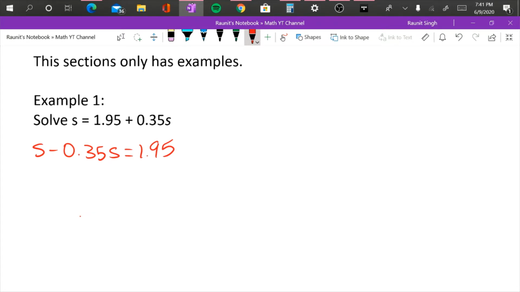So we're going to do 1.0s minus 0.35s. And this is basically like normal subtraction. So you do all of your subtraction, like you do the carryover stuff, and then you get point, and then s, and then you put a 0.